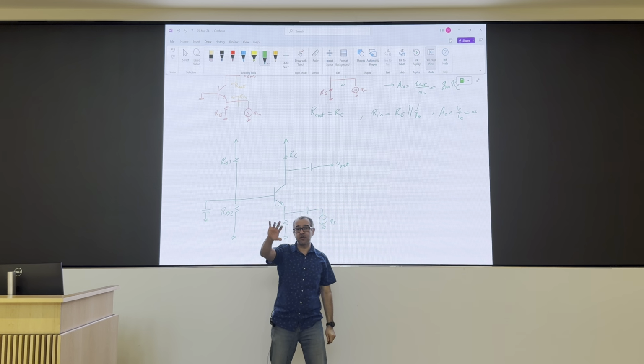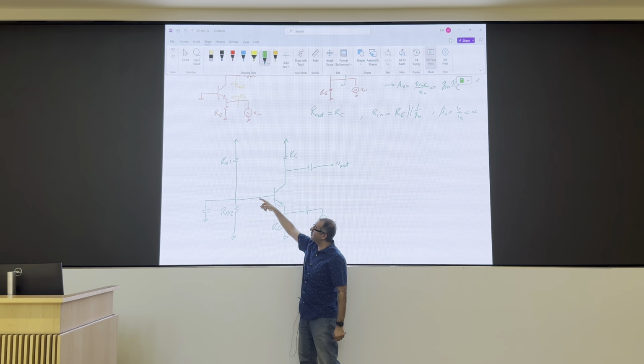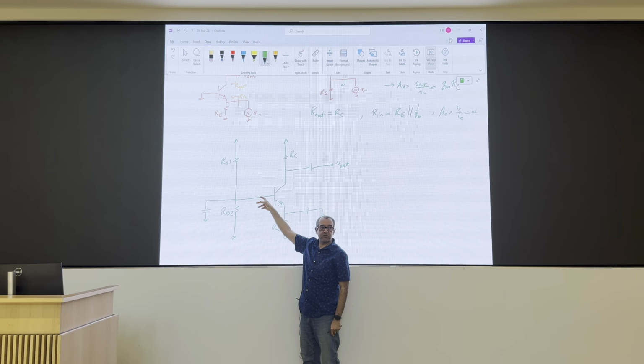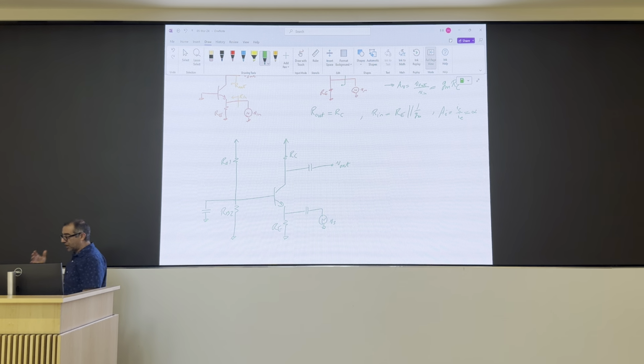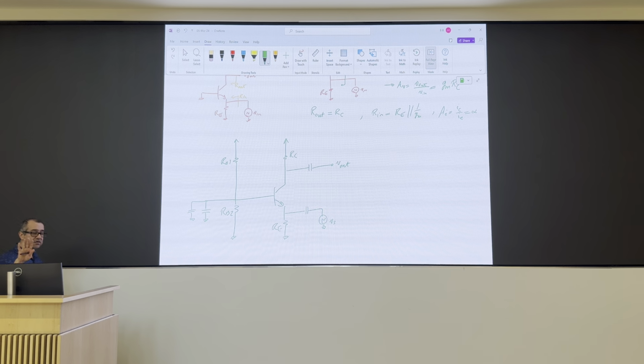So common base, if you ever design it, if you leave any of that RB here, you're going to have a lot of noise, a lot of performance issues, a lot of bandwidth reduction because of that. So you want to make sure that you have a good capacitor here. Sometimes you use a couple of them just to make sure that the base is connected.